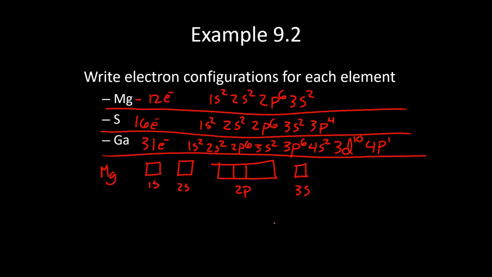Sorry for my poor box drawing skills. But for each of these, we're just going to have an arrow to represent each of the electrons. So the 2p is completely full, and the 3s is also full. So that is what the orbital diagram would look like for magnesium.